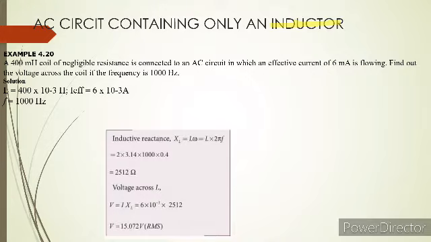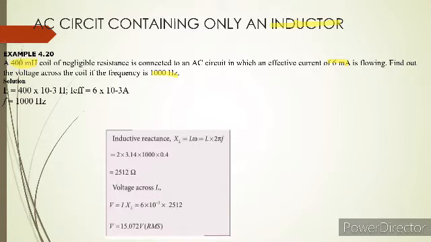Find out the voltage across the coil if the frequency is 1000 hertz. So they have given the inductor value as 400 millihenry, the current value 6 milliamps, and the frequency 1000 hertz. I have written all these given things.